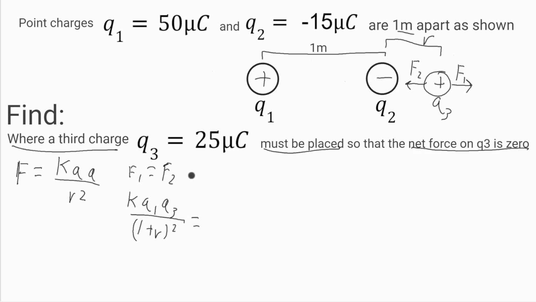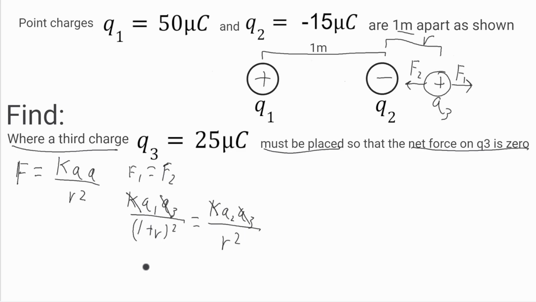And F2 is going to be K, but this time it's going to be Q2 and Q3 over R squared, because the distance from Q2 to Q3 is just R. Now these K's are going to cancel out, and the Q3 is also going to cancel out.